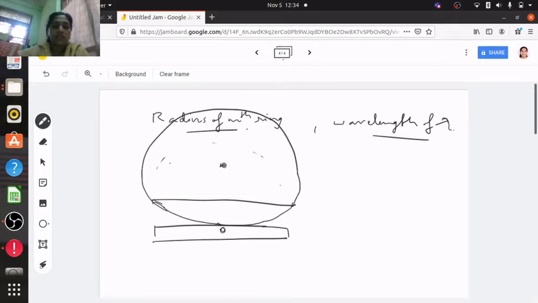The center of curvature is C, and the radius of curvature is R.